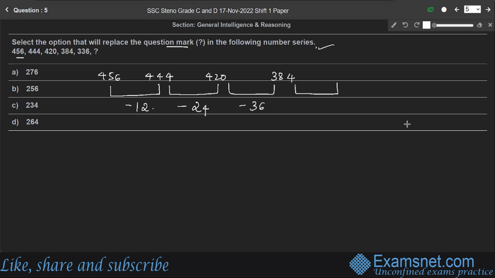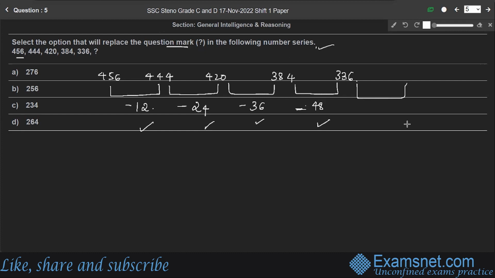The next number is 336, so 48 should be subtracted from 384. 384 minus 48 is 336. To find the last number, we have to take the logic behind this: 12, 24, 36, and 48 are the differences between the consecutive numbers.